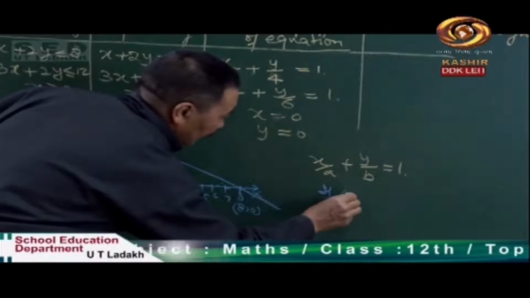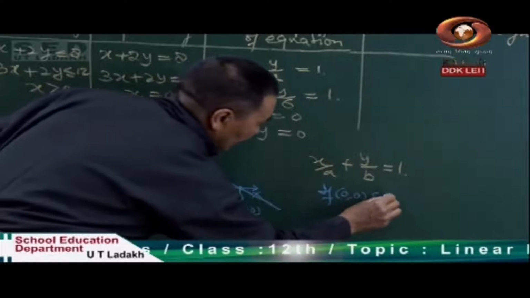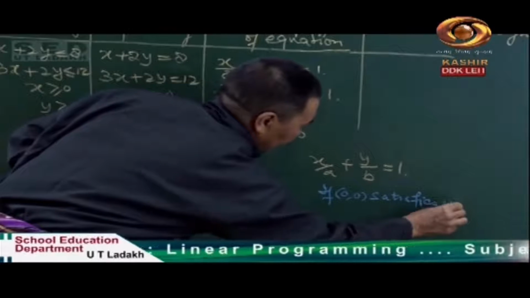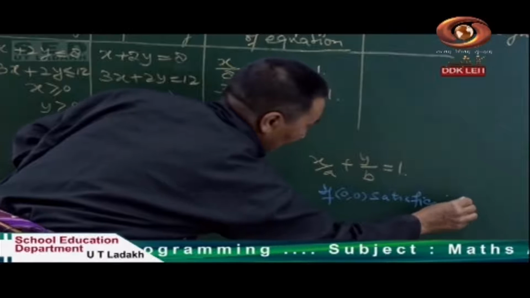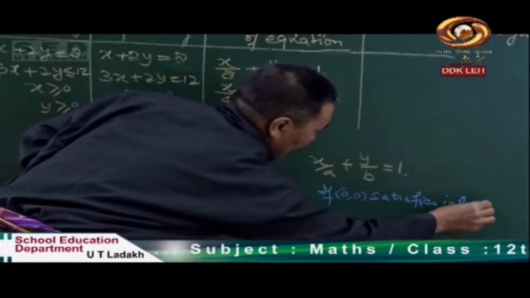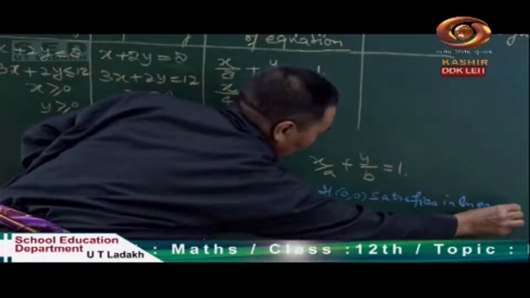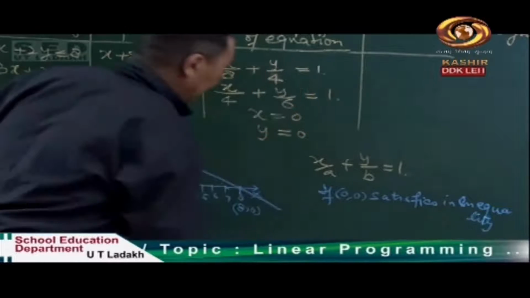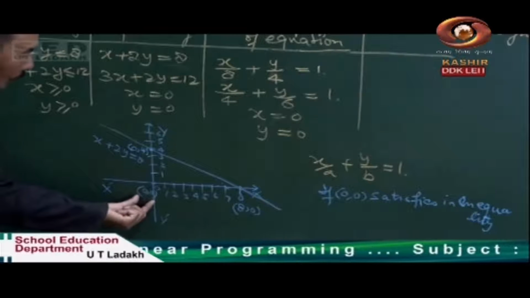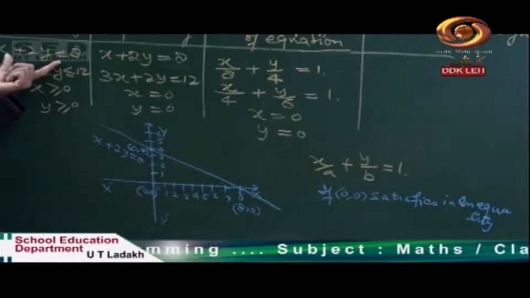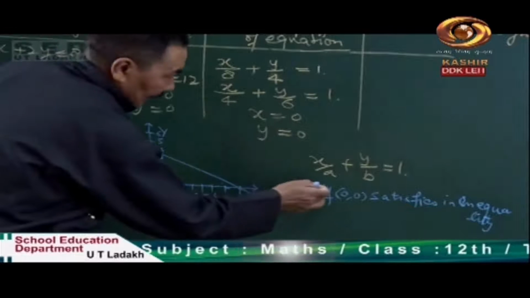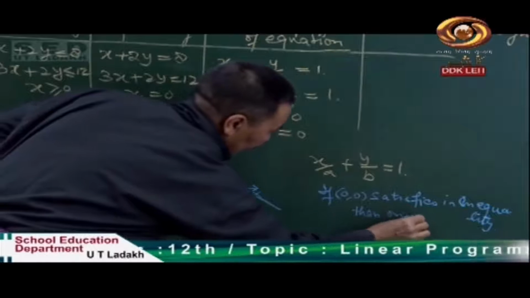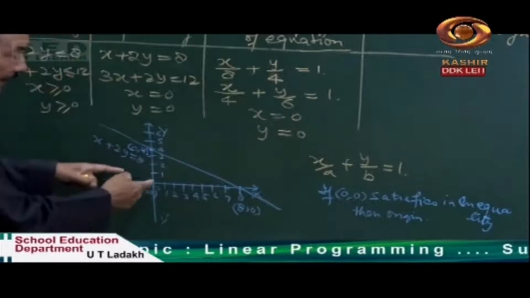If 0, 0 satisfies the inequality, then we have to shade towards the origin side.